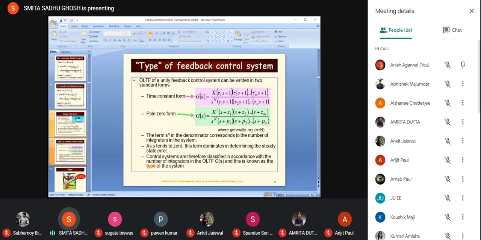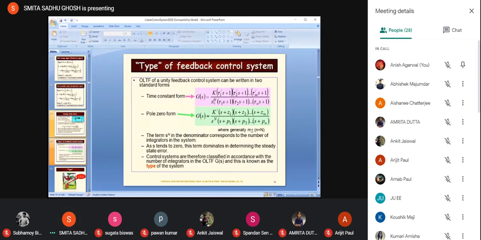If we are considering the open loop transfer function of a unity feedback control system, it can be written in two standard forms. I believe you are already familiar with these two forms. The time constant form, where you have the (1 + sτ) form for all the poles and zeros, and the pole zero form, where you have the (s + z) or (s + p) form for the numerator and denominator, zeros and poles specifically.